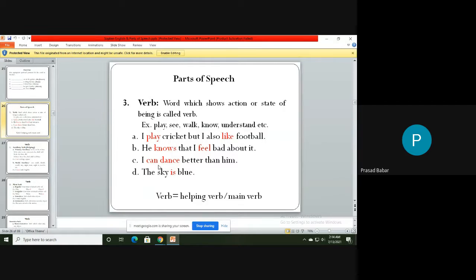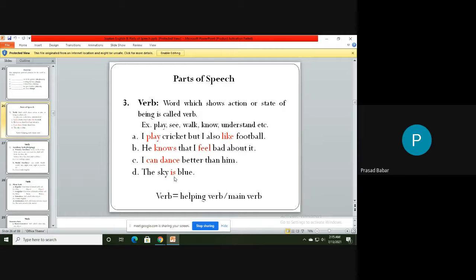So in this example there are two verbs used: can, dance. Can is an auxiliary verb and dance is a main verb. Let's move towards the next example. The sky is blue. In this example only a single verb is used.